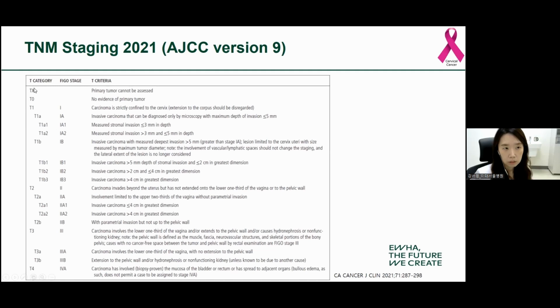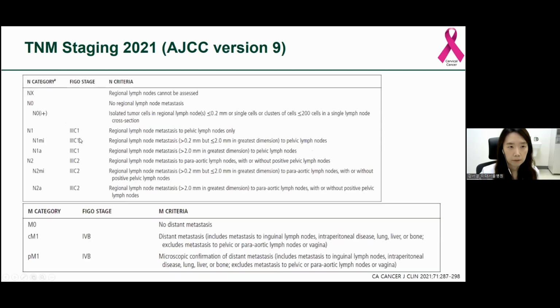So here you can compare the TNM staging with the FIGO staging. It is a very similar staging system because of their collaboration. And N staging means the regional lymph node metastasis.